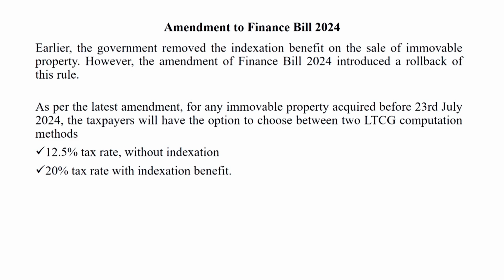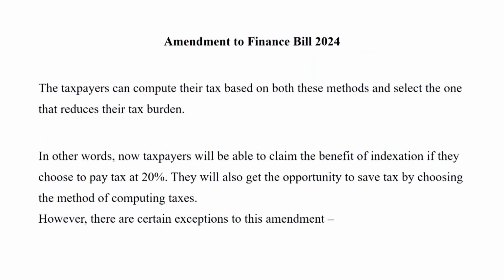If any assessee opts for capital gain without indexation, it will be 12.5%, and with indexation, the rate of tax will be 20%. Dear student, however, there are certain exceptions to this amendment.